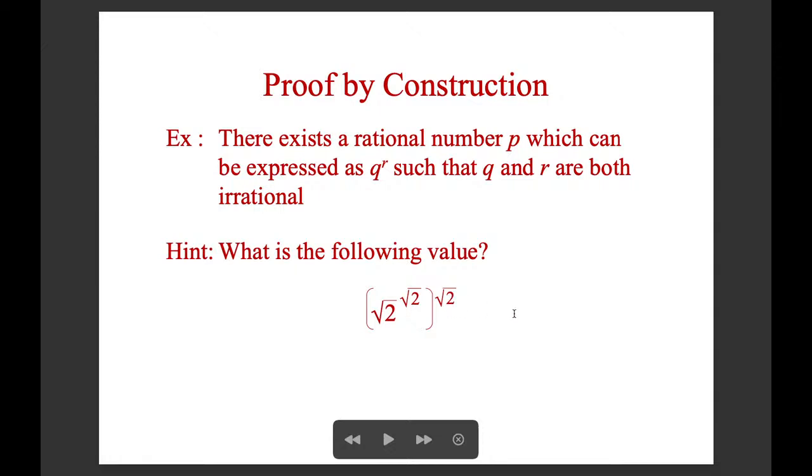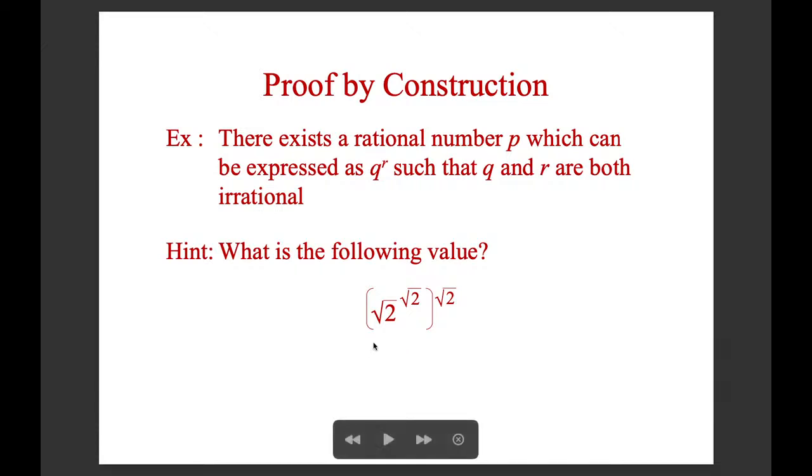But on the other hand, if this number, which is not very likely, turns out to be rational, then again we have something nice happen. We can treat square root 2 itself as Q, and square root 2 itself as R, so that irrational to the power irrational becomes rational. So in conclusion, we have two cases.